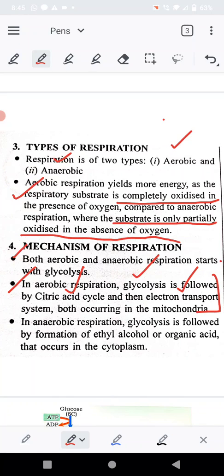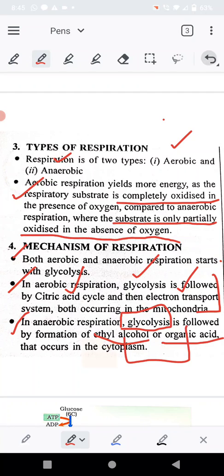If I talk about anaerobic respiration, in which the substrate is partially oxidized, glycolysis is there in the cytoplasm, and then it is followed by the formation of either an organic acid like lactic acid or ethyl alcohol. These two products are formed in the cytoplasm by the process of fermentation.